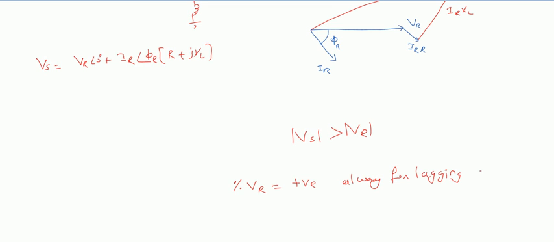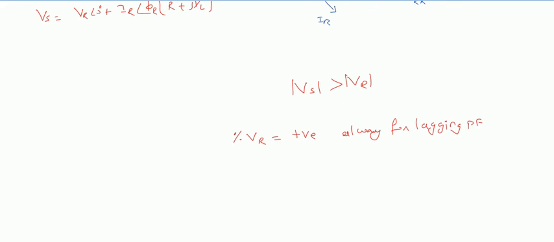The receiving end voltage will always be less. So voltage regulation is always positive in the lagging power factor case.